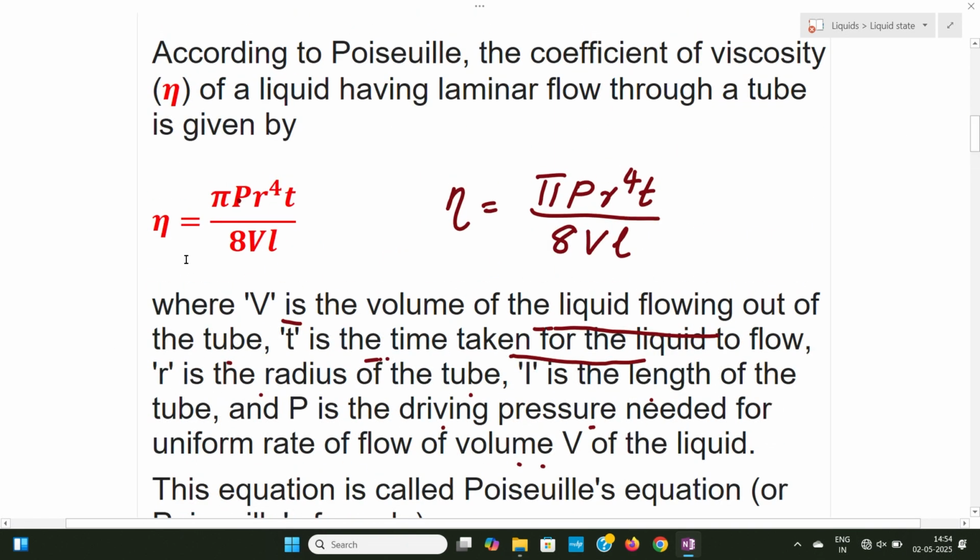Poiseuille's equation is eta is equal to pi P r power 4 T by 8 VL, where P is the pressure, the driving pressure, r is the radius of the tube, T is the time of flow, V is the volume, and L is the length of the tube.